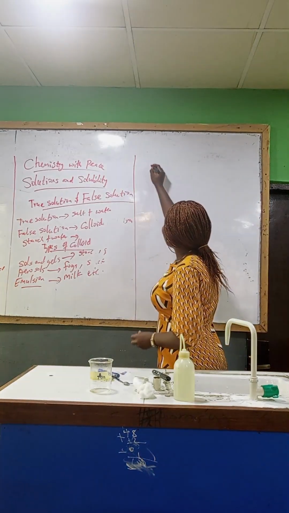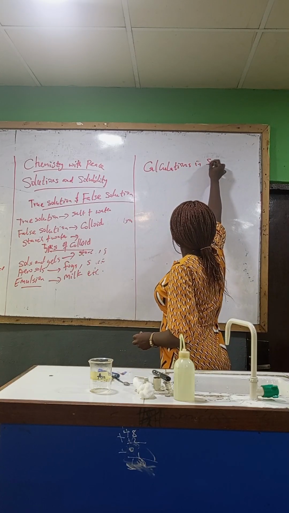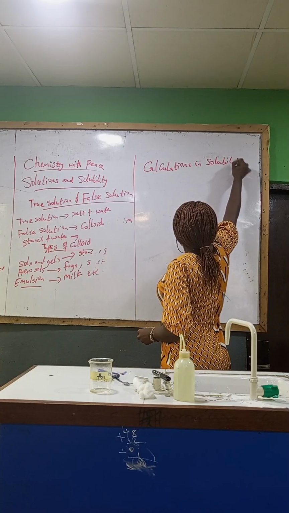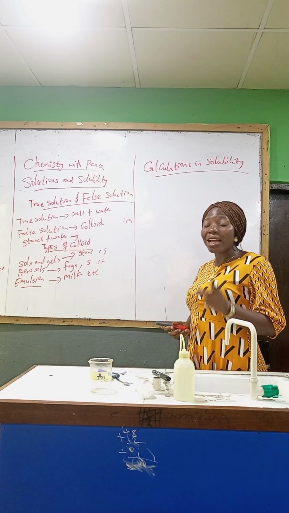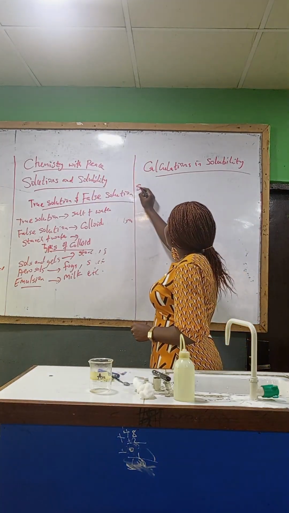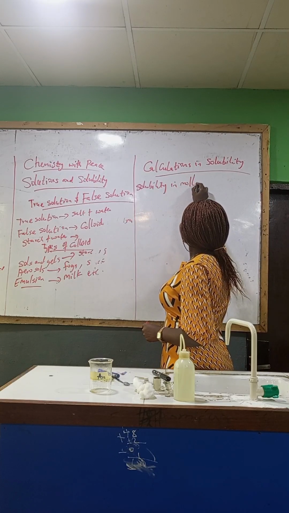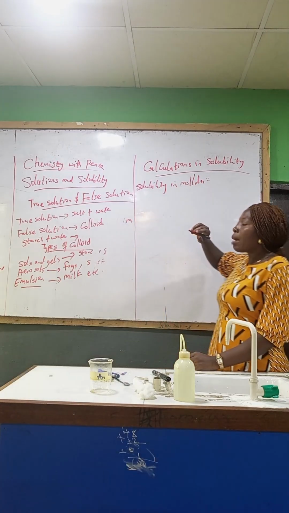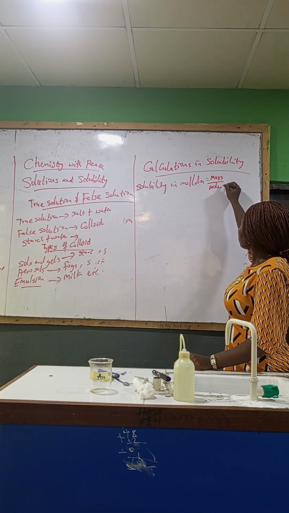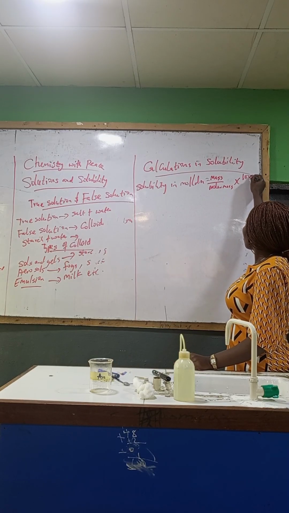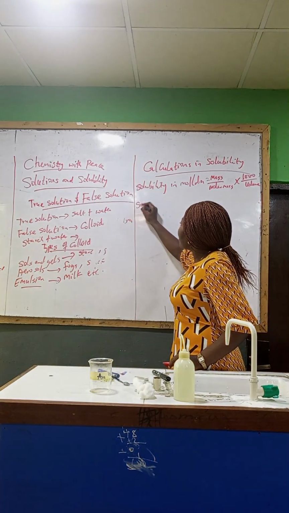Okay, calculations. Calculations in solubility. From the previous video, I gave the formula that solubility in mole per dm cube is equal to the mass over molar mass times 1000 over volume.